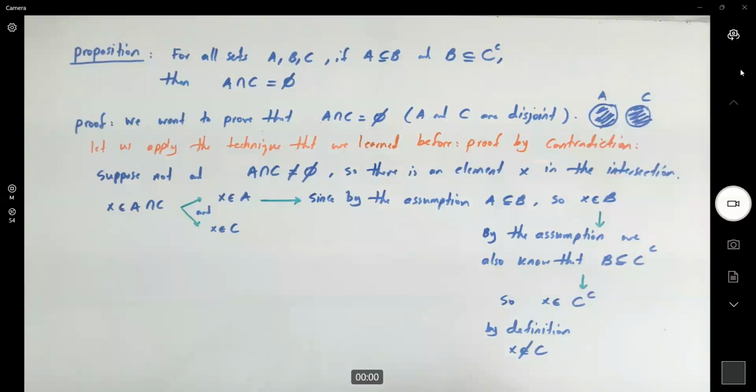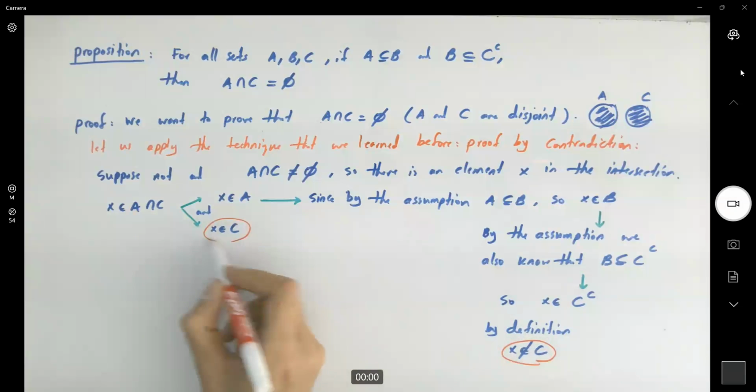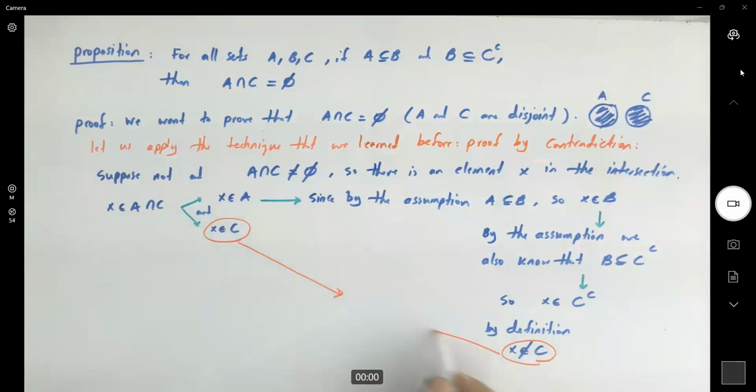The contradiction is X belongs to C and X is not in C. This is the contradiction.